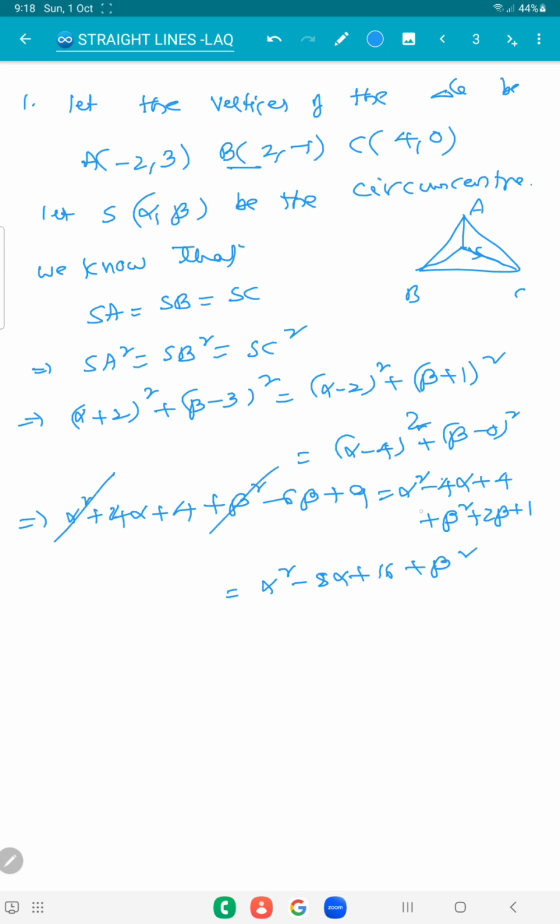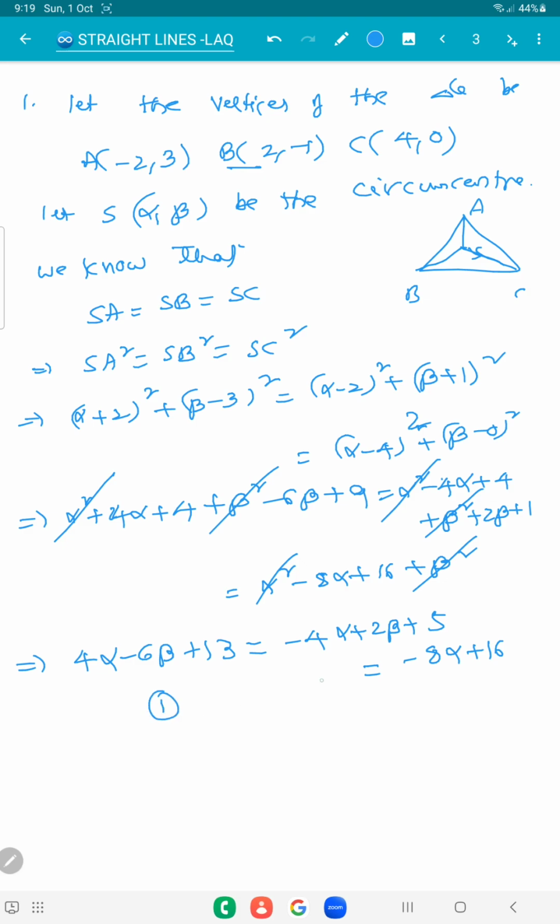Observe that alpha square and beta square can be cancelled from each of the terms. Now let us write this. First: 4 alpha minus 6 beta plus 13. Second: minus 4 alpha plus 2 beta plus 5. Third: minus 8 alpha plus 16. That's it.